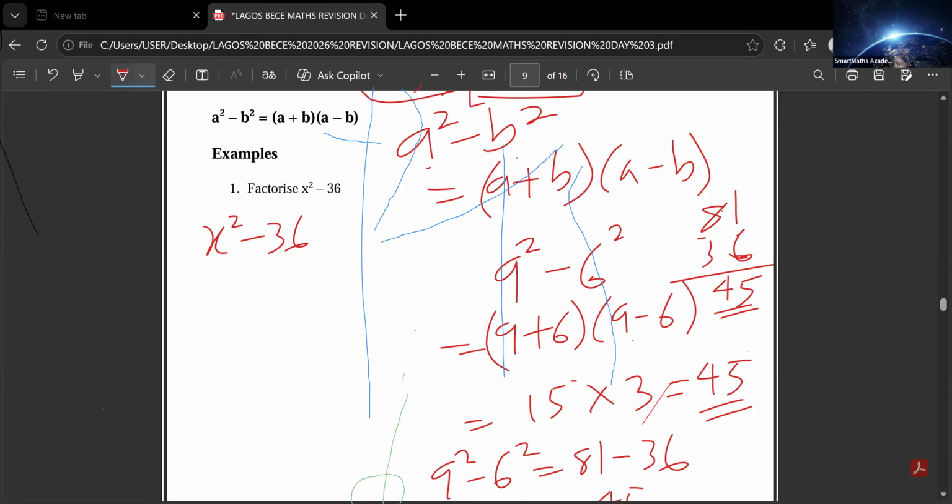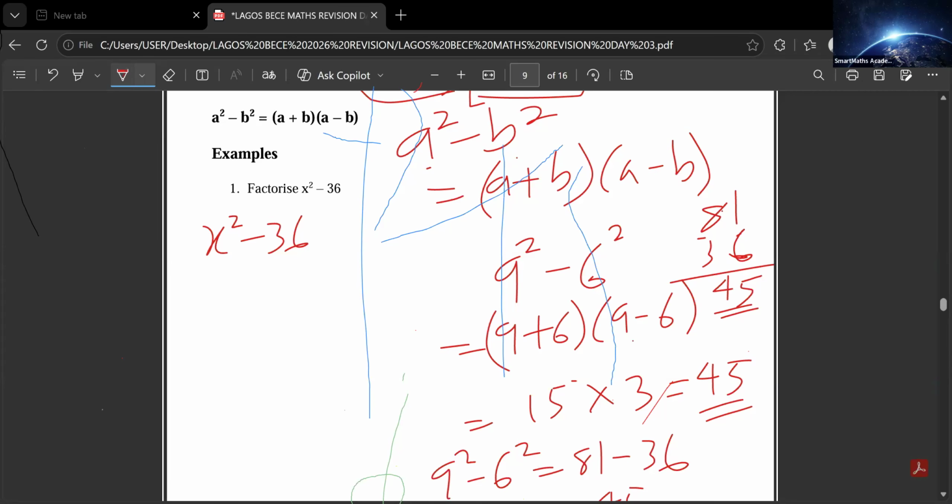For example, 4 times 4 is 16. 16 there is a square number because it's a product of a number that multiplies itself, which is 4. 9 is a square number. That is 3 times 3, which gives us 9. Are you with me? 4 is a square number because it's a product of 2 times 2.